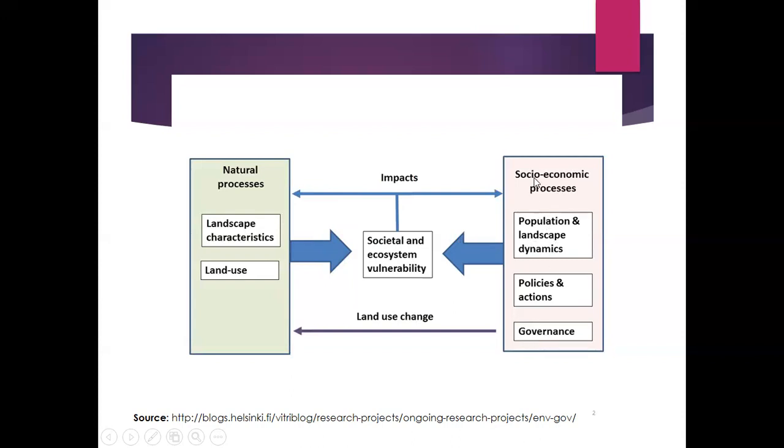Additionally, we see where these processes here can also have a one-way impact on land use change in terms of how these processes can affect our land use. All right. So again, this is interaction of the different spheres that we are looking at.